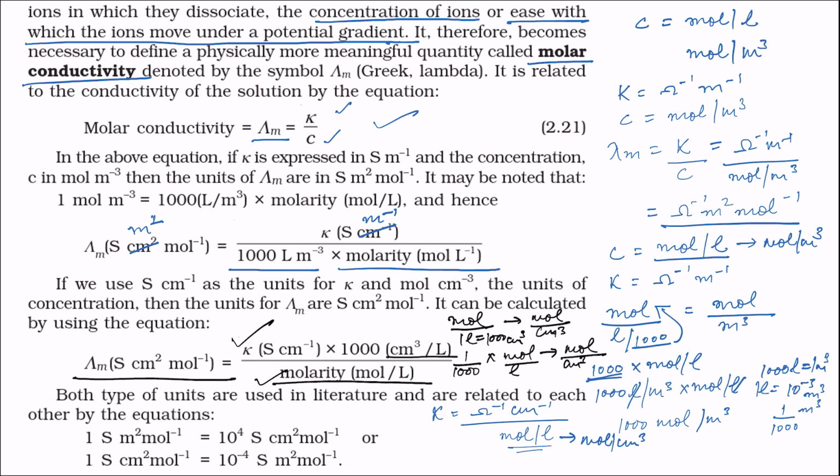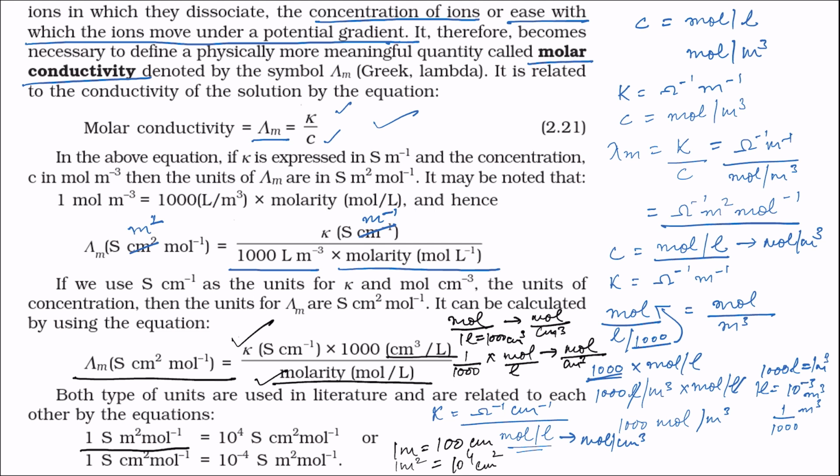Both types of units are used in literature and are related to each other by the equation. The unit in per ohm meter square per mole, if converted into per ohm centimeter square per mole, then 1 meter is equal to 100 centimeter. Therefore, 1 meter square will be equal to 10 to the power 4 centimeter square.